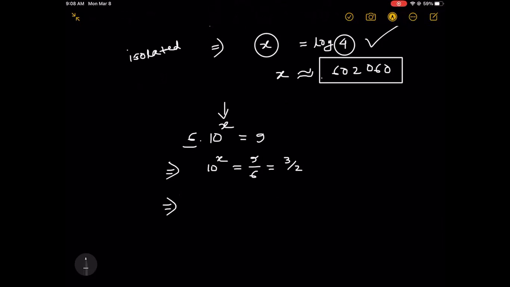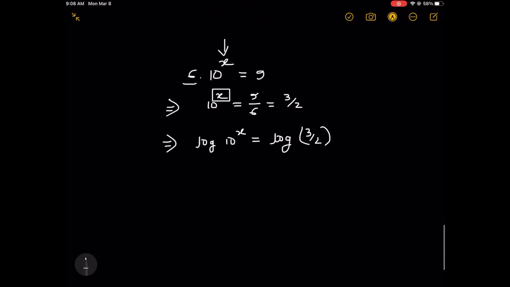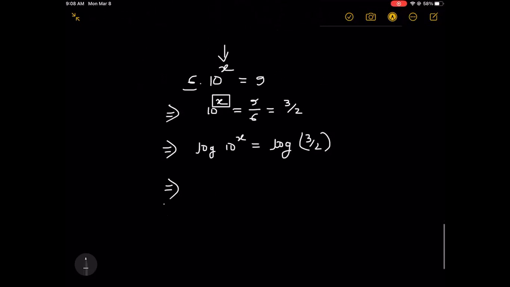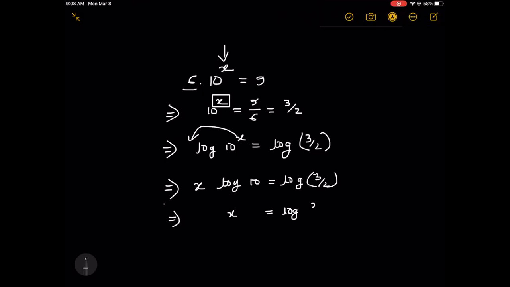Then, as we're trying to isolate this x, we'll take log on both sides. Now we can use the property that whenever you have this format, the exponent comes in front. So we'll have x equals log of 3 halves.